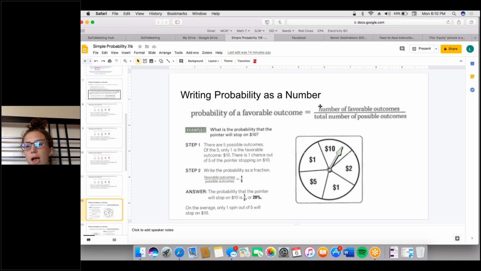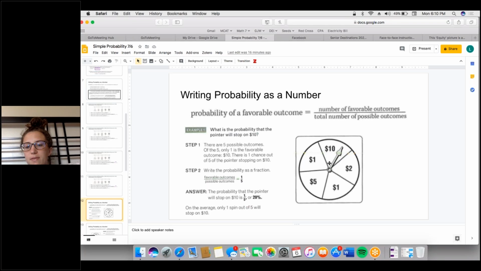In the numerator, I'm going to have to fill in the number of favorable outcomes. So I have to look back at my spinner and ask myself, out of these 5 options, which one of these match what I want to happen? My problem says what I want to happen is the pointer to stop on $10. Well, only one of these has $10 in it, so there's only one favorable outcome.